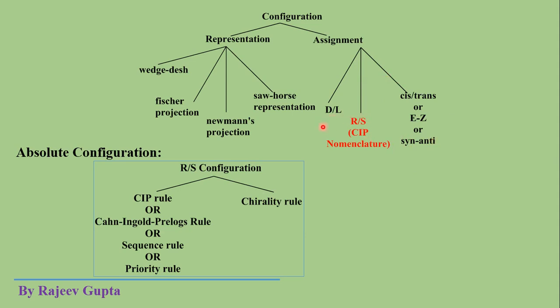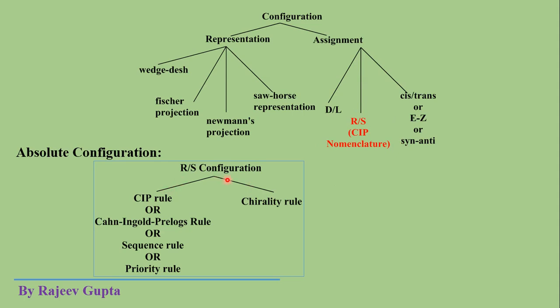So here in this talk we will only consider this RS system, which will come out from using this CIP nomenclature, which is actually the absolute configuration of a chiral center. This RS nomenclature, this RS system is absolute configuration for a chiral center. Also for chiral axis and other things, but here we will consider only chiral center.